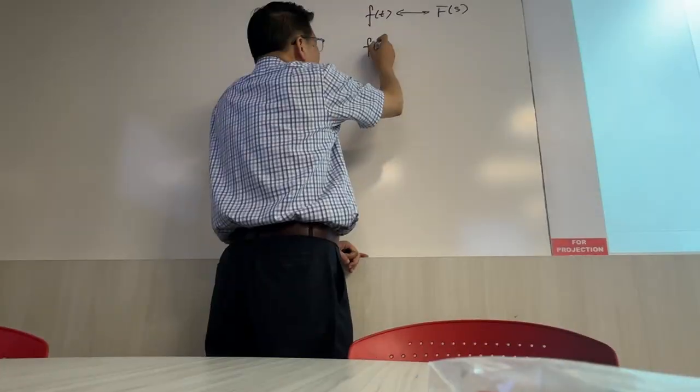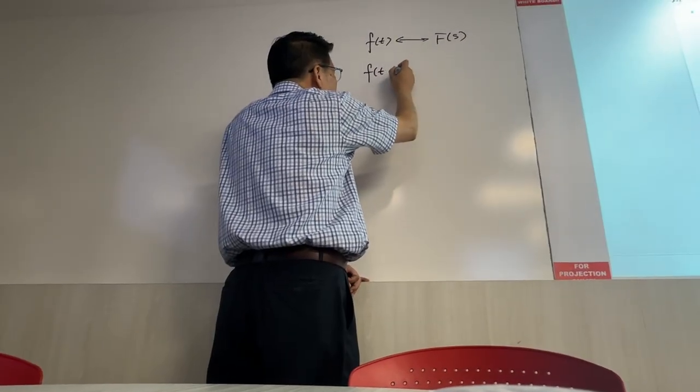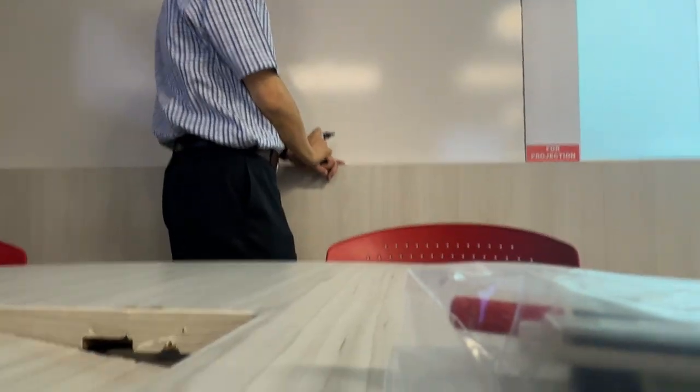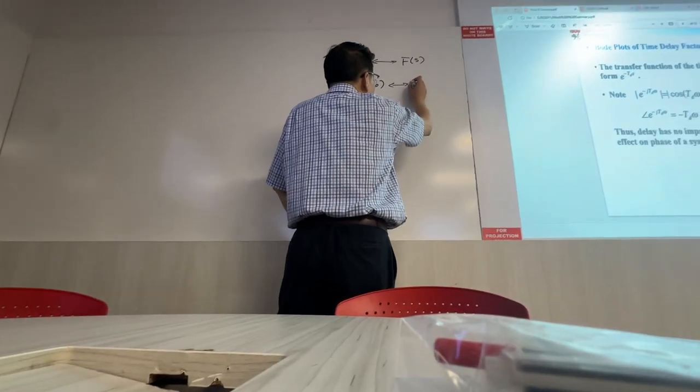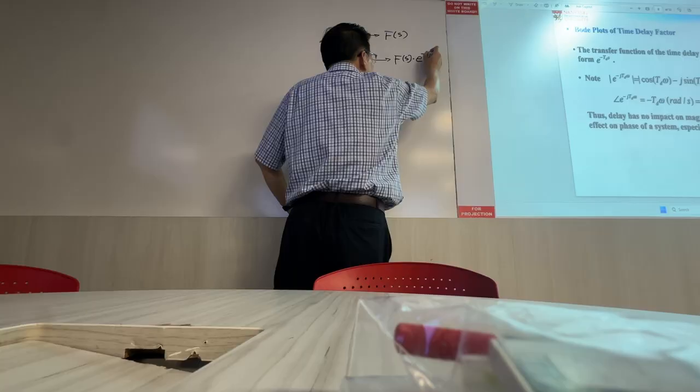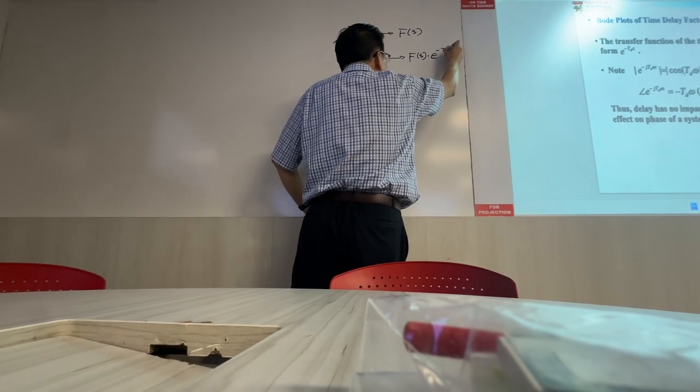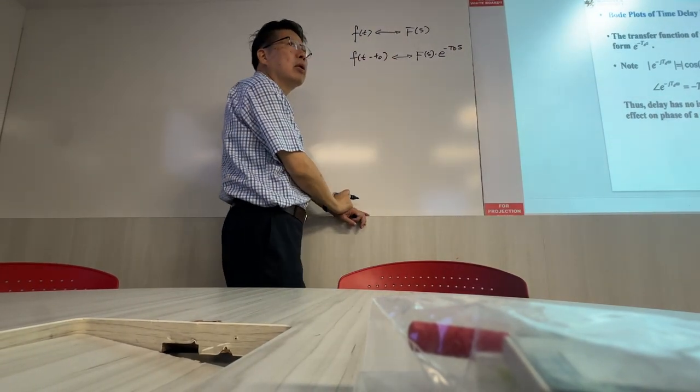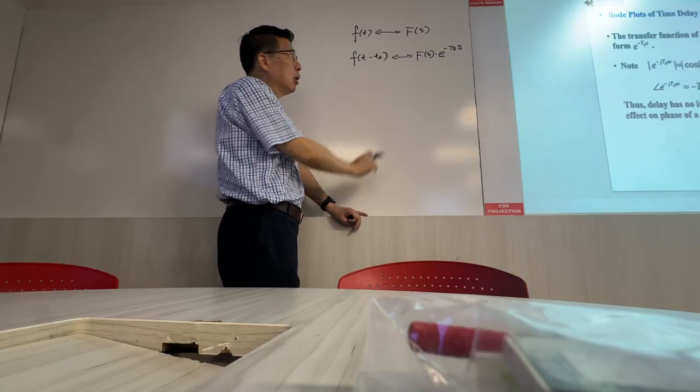When the time function has a delay, a time shift like this, then the Laplace transform will give me this times e to the power minus t0 s.